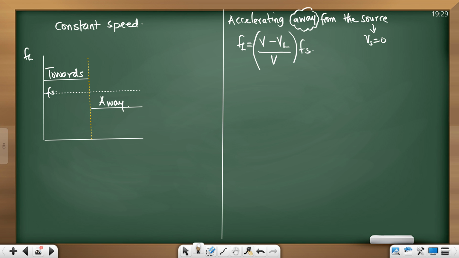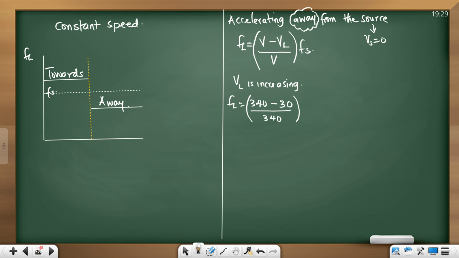Now, if it is accelerating, what are we saying? We are saying VL is increasing. Please, I want you to listen to this carefully. VL is increasing. You just take a number. If you don't know how to think maths, use a number. Start by saying 340 minus 30 over 340.